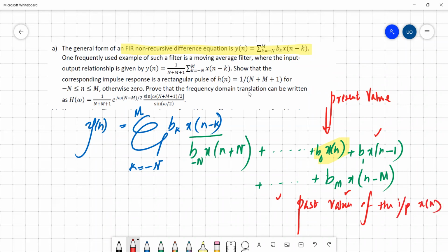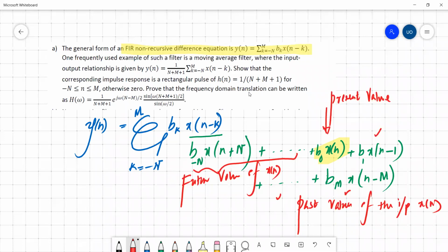These having the plus n's are actually future values of xn. If you have future values in your terms, this is a non-causal system, because we know that if it is a causal system, it should depend on the present input and the past input only. If it depends on future input, this is not a causal system.